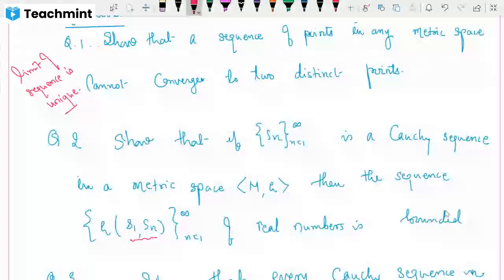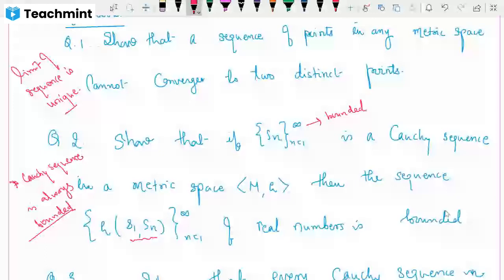The sequence is bounded because a Cauchy sequence is always bounded. So here you should use this: a Cauchy sequence is always bounded. So using that, the sequence Sn will be bounded. You just have to prove that ρ(S1, Sn) is bounded using that Sn is bounded. Very simple. Just use the definition of a bounded sequence.